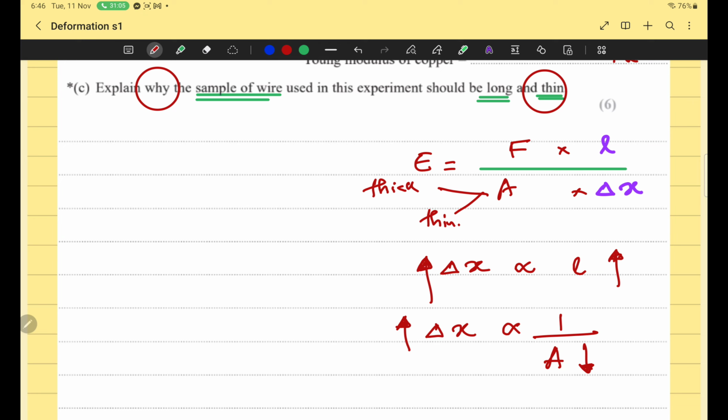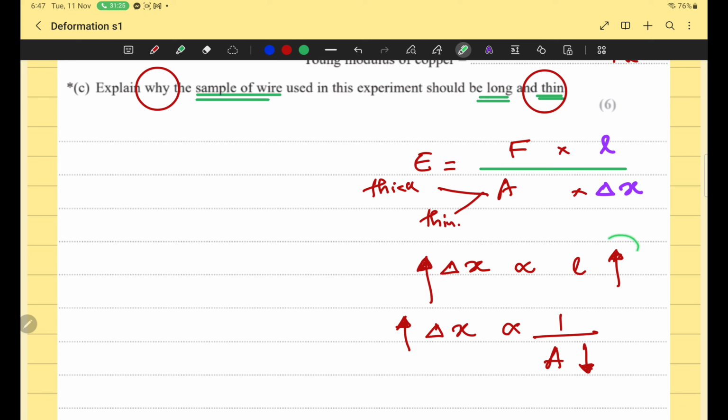So in both examples, I am wishing delta x should be long enough. If it is long enough, then it is measurable. Otherwise, sometimes delta x is very small, the extension is very small, it is not measurable.